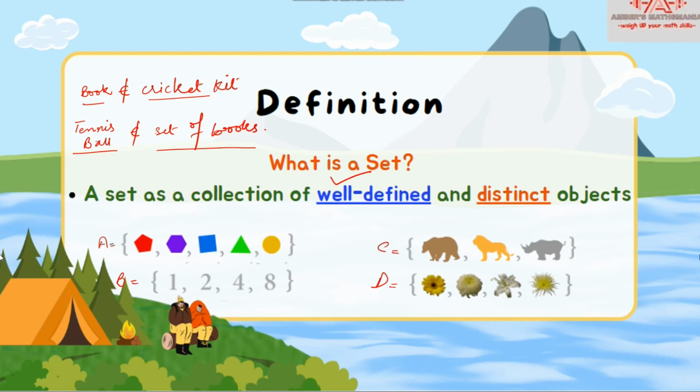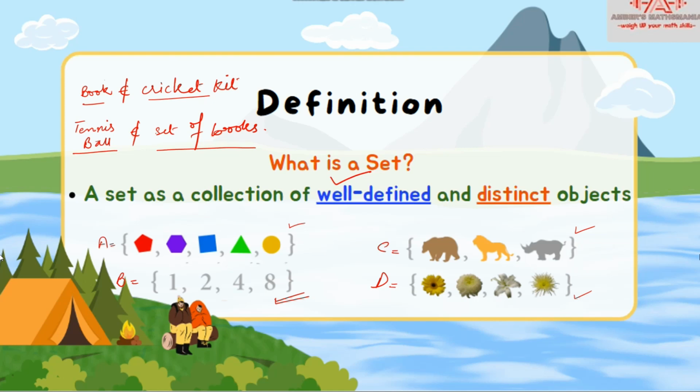A collection without well-defined objects is not a set. The objects in a set may include physical objects as well as symbols, letters, and numbers. Like this set has all numbers, this set has all shapes, this set has all pictures of animals, and this set has all pictures of flowers.